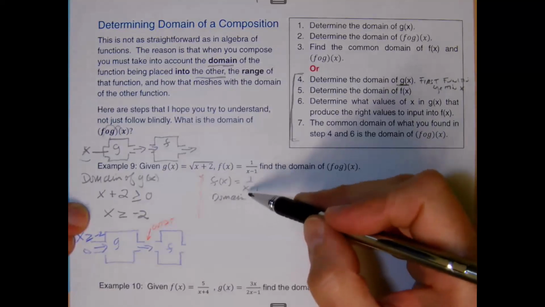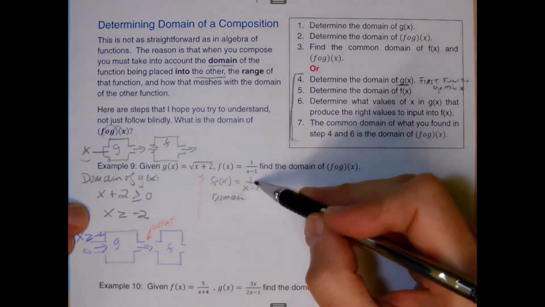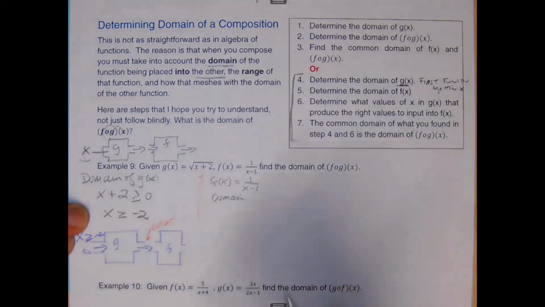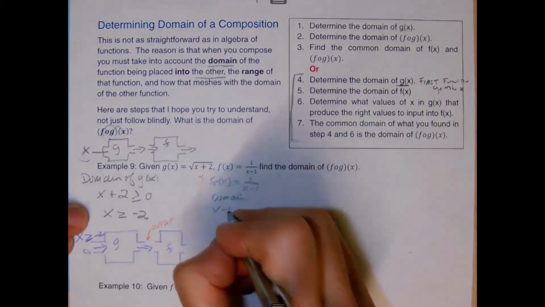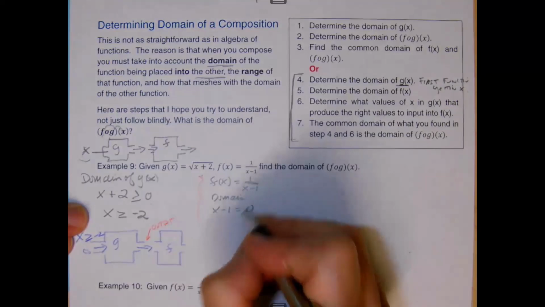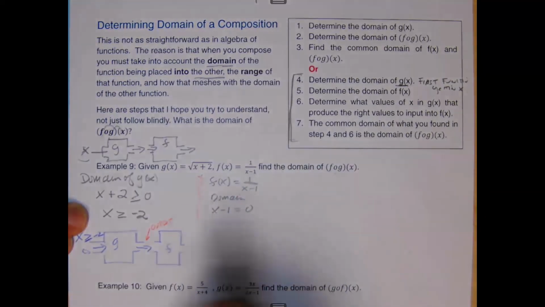For the denominator. But now we look at the last operation, which is the fraction. We cannot have 0 in the denominator of a fraction. So the only domain problem is due to the fact that this is a fraction. The two functions are fine. So we're going to figure out what causes the denominator to be equal to 0 and exclude that.